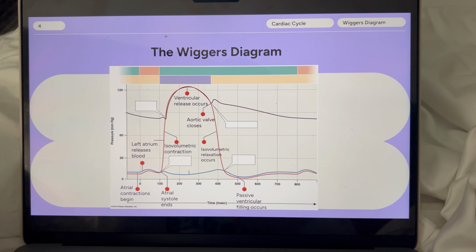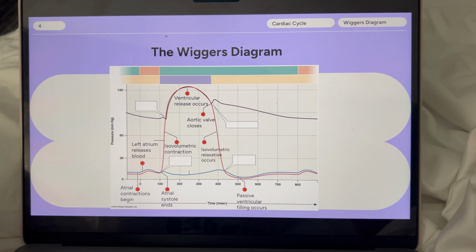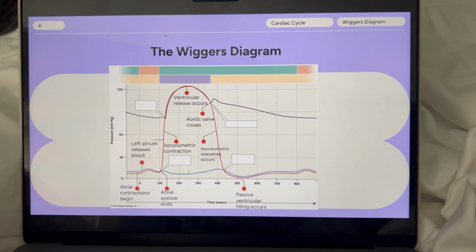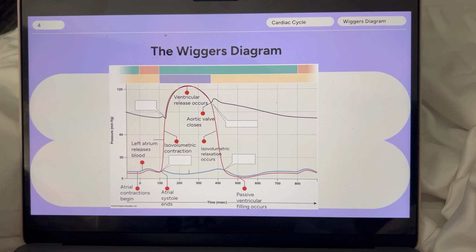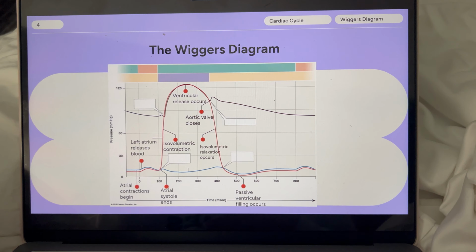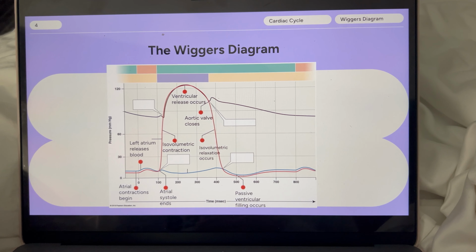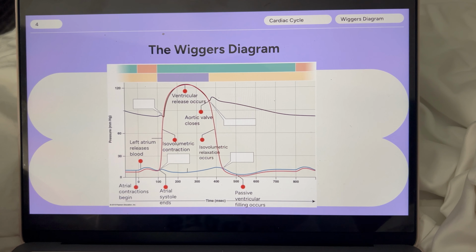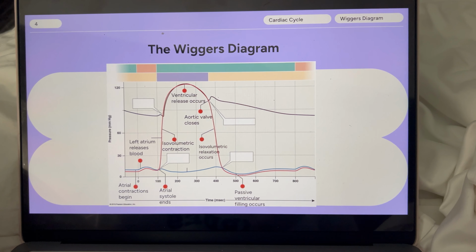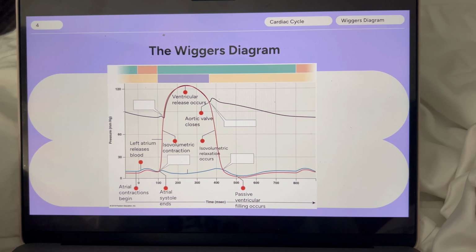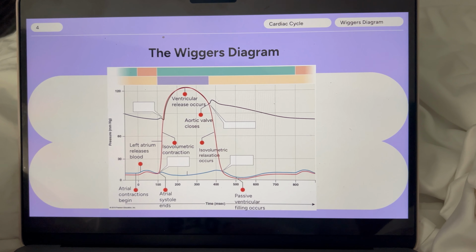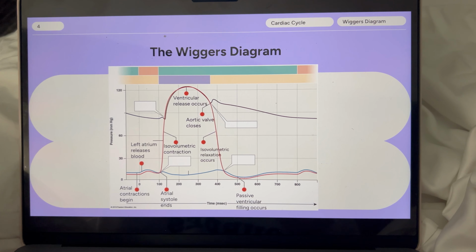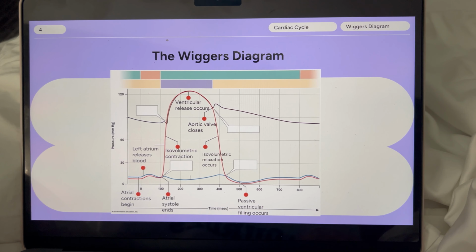But in between, we have the left atrium releasing blood, and the atrial systole ends, and then the isovolumetric contractions and the ventricular release occur, which then goes down, and that's when the passive ventricular filling occurs.